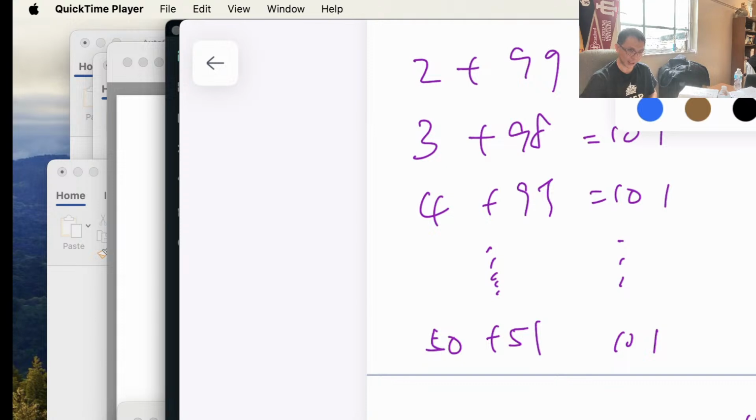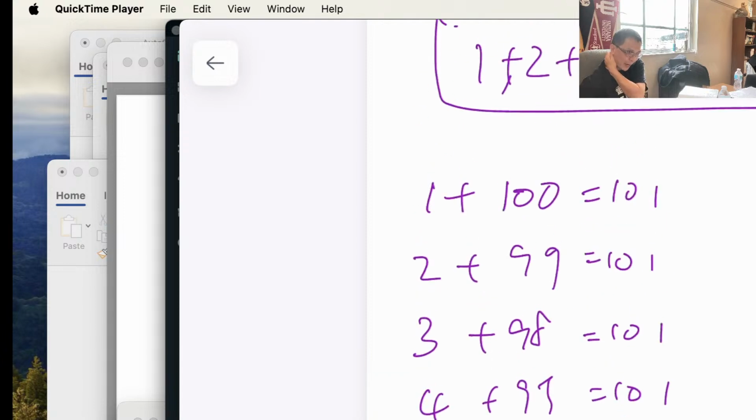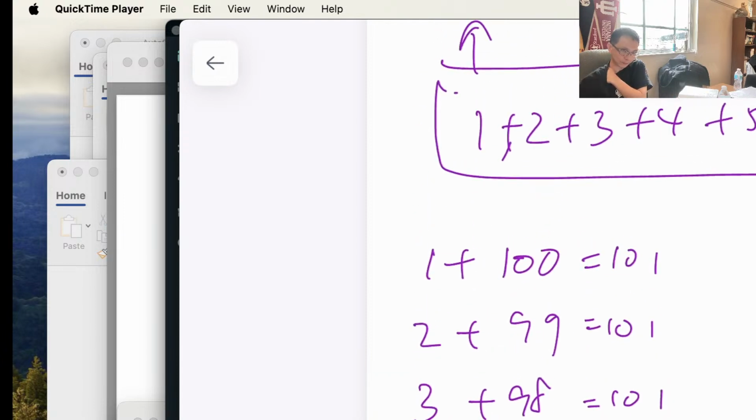S sub n means the series, which means the sum of an arithmetic sequence.